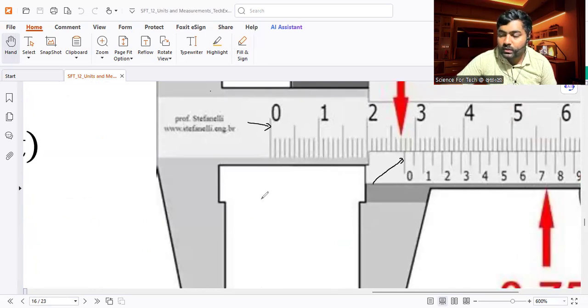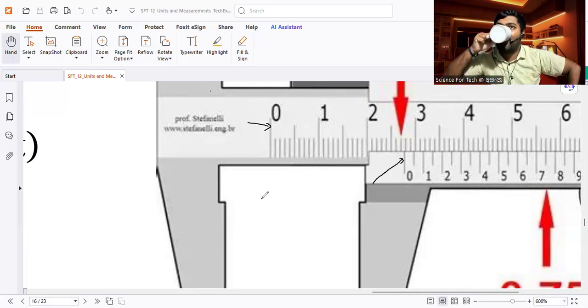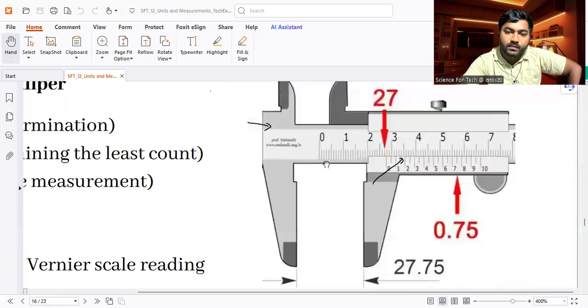When the jaws are closed or touching each other, if the vernier 0 line and the main scale 0 line are not coinciding with each other, that means there is an error. Understood? Okay, then write that one.